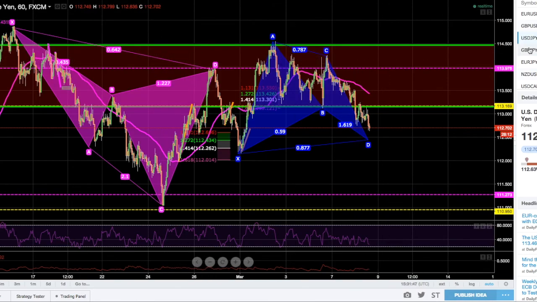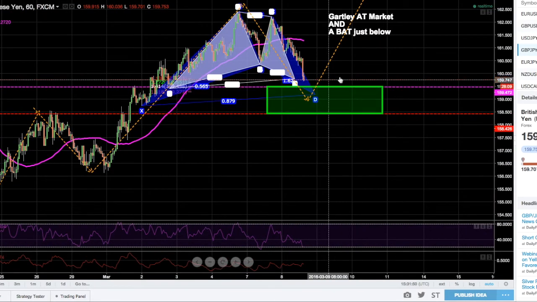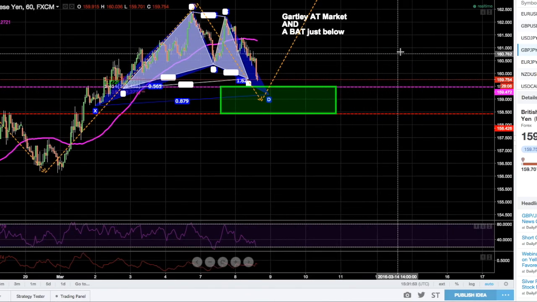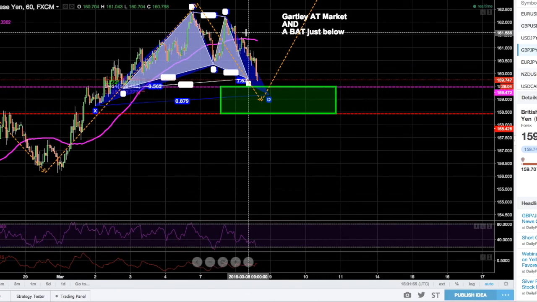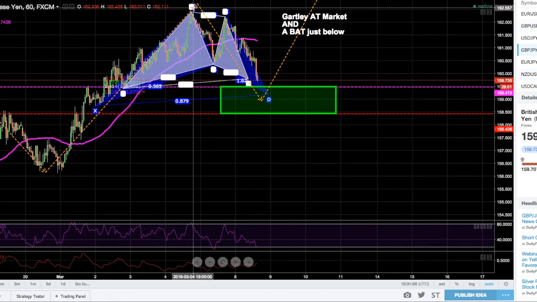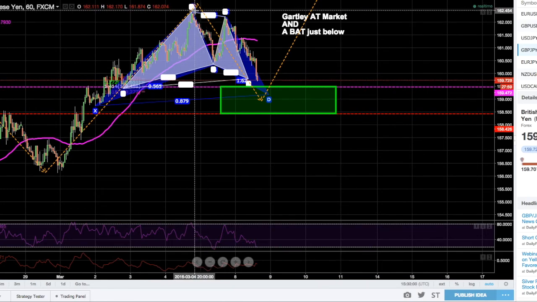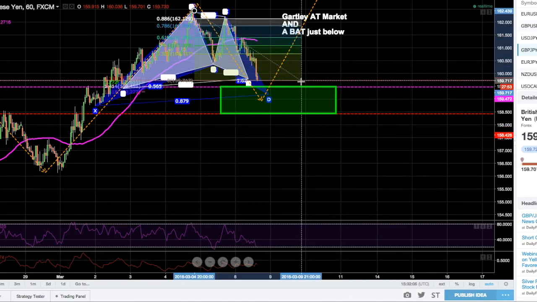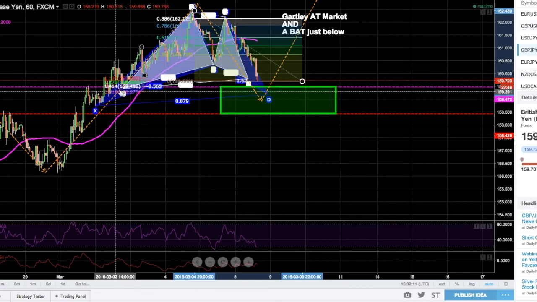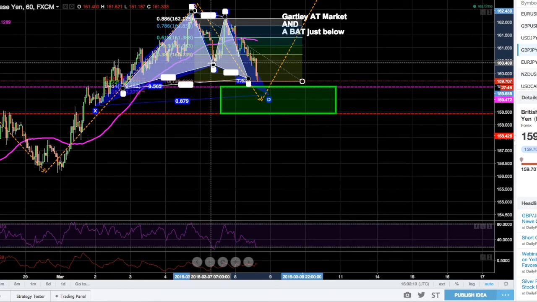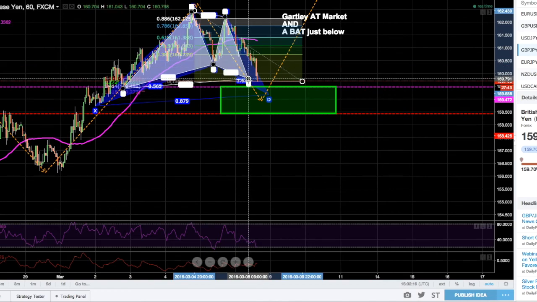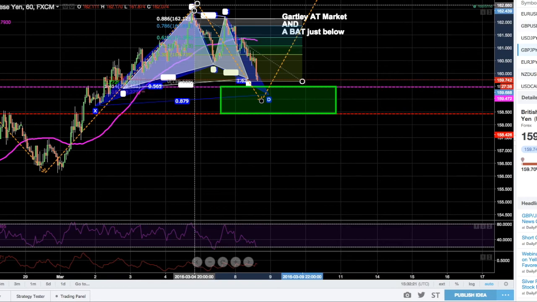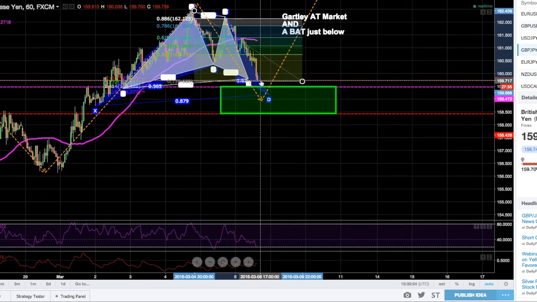Of course, I forgot to show the targets and stops for the pound yen. So targets are drawn from A to D, if this is the Gartley. So it's X to A to B to C, and C to D, right? We draw our Fibonacci from A to D, or where the market is at.